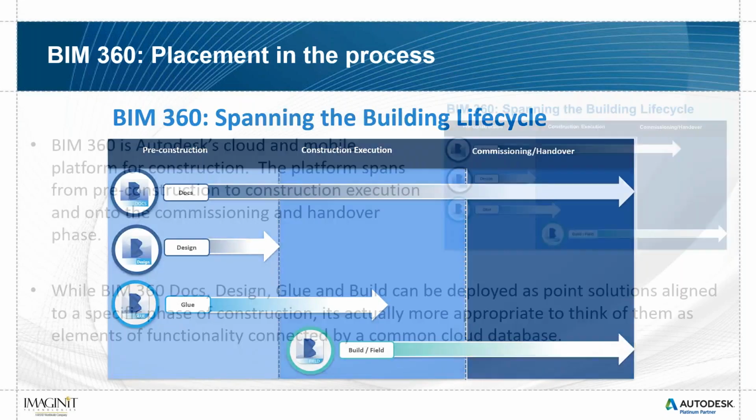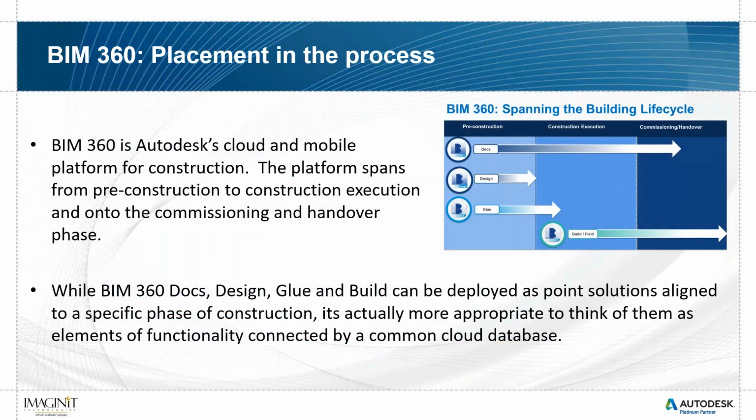So it's a very mobile platform, and it ties this whole life cycle of the building together and just makes it more accessible. And it gives us the permissions and access to control parts of the projects that we want to view and maybe limit other people in certain areas. So, at a very high level, think of it as really a project management tool, but it ties into all of our authoring software as well.